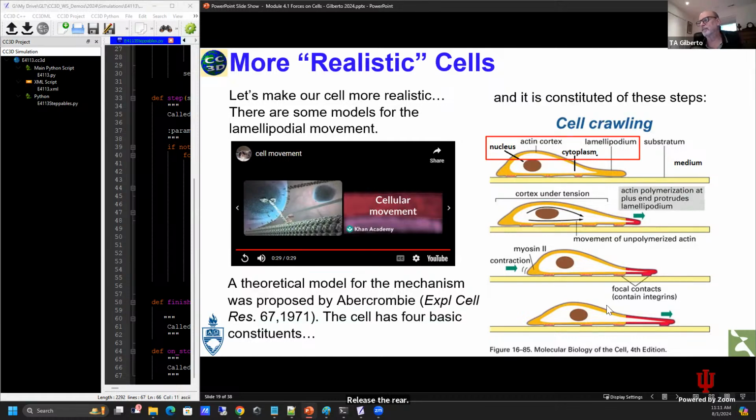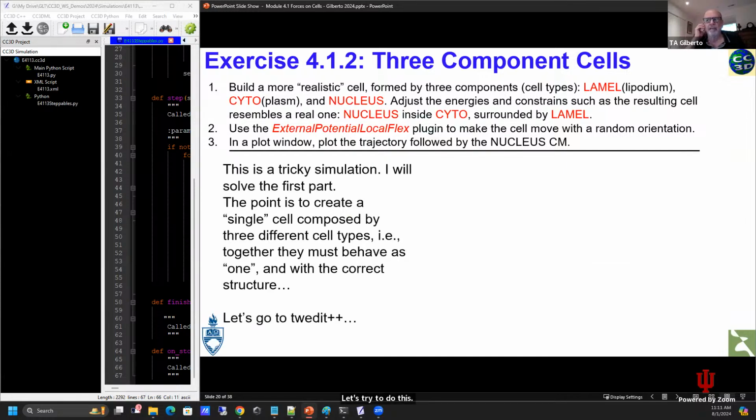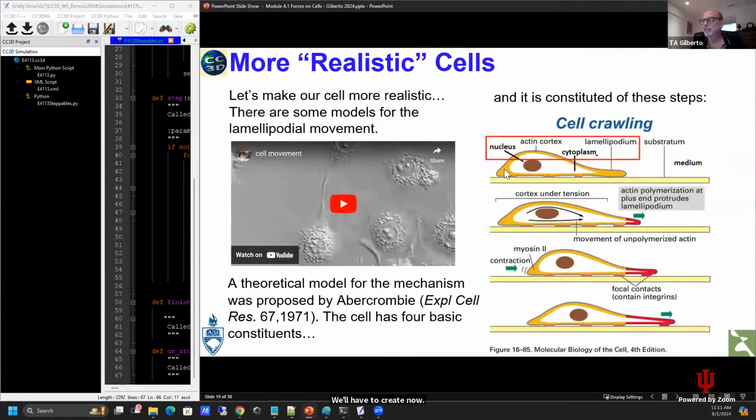Okay? This is a mechanism proposed by Abercrombie. So let's try to do a cell like that. We'll have to create now, since we have these three parts of the cell here, nucleus, cytoplasm, and lamellipodium, and where the cell is attached to the substrate.